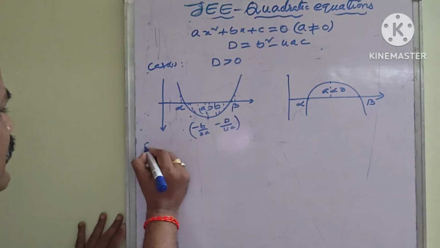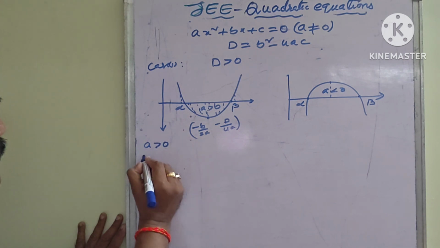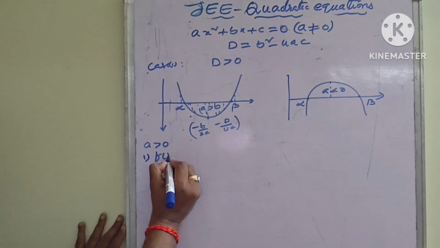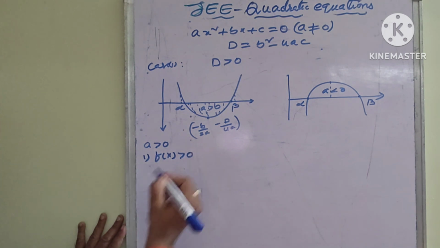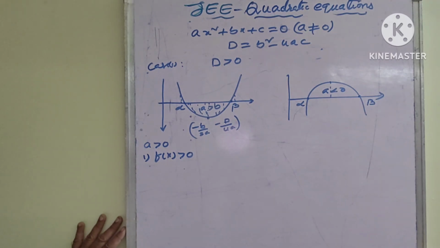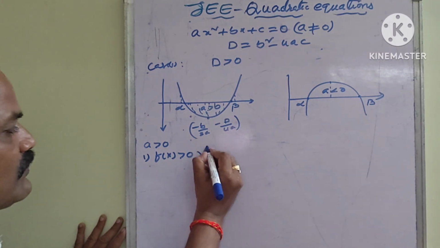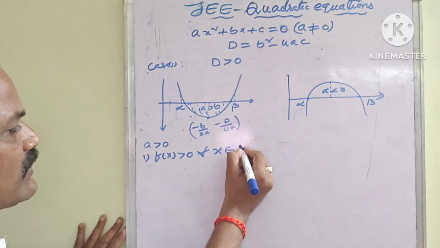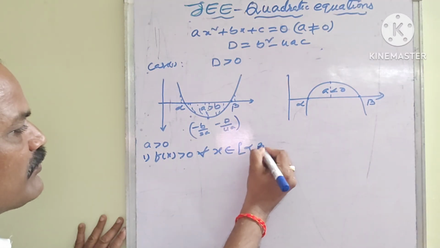So if a is greater than 0, the first case: f of x is greater than 0, then f of x is positive for all x belonging to the interval alpha comma beta.